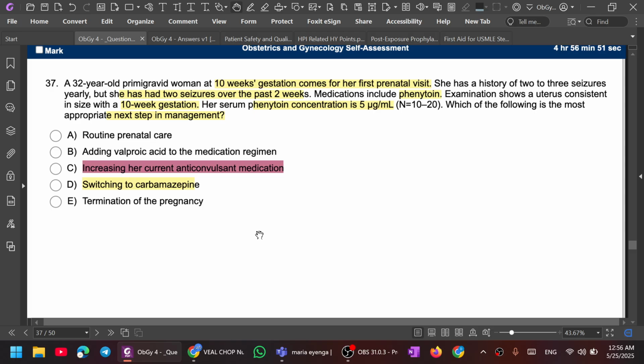While phenytoin and other antiepileptic drugs do carry a risk for congenital malformation, fetal hydantoin syndrome, teratogenesis more often occurs in the first 8 weeks of conception. Failing to provide adequate seizure control puts the mother and fetus at risk for pregnancy complications, including preeclampsia, stillbirth, fetal growth restriction, and prematurity. In this patient, altered pharmacodynamics have led to decreased efficacy of the phenytoin dosage. An increase in the dosage of the current medication is the most appropriate next step to prevent seizures.